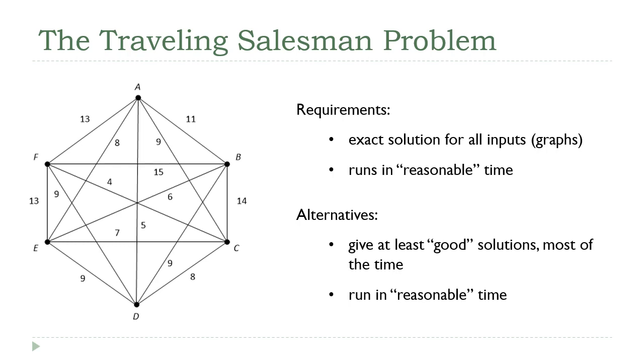Doesn't matter how good your algorithm is, if it can't give you an answer soon enough for it to be useful to you, then it's no good. So what we will do is relax the first requirement and say we'll be satisfied if we can get a good solution, a solution that we know is at least close to that minimum, and we get it most of the time. We get it from most graphs.